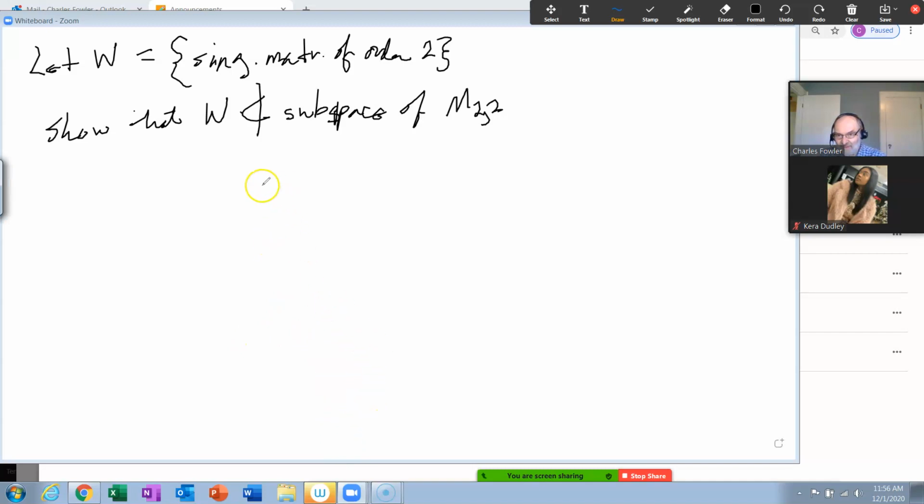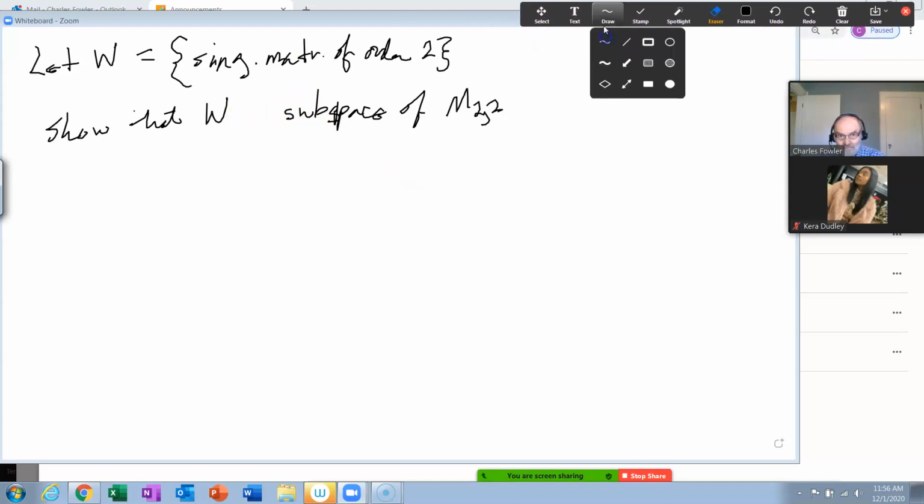I don't have one for not a subspace of, so I think I'll go back and correct that because that's technically not correct. Show that W is not a subspace of M22.